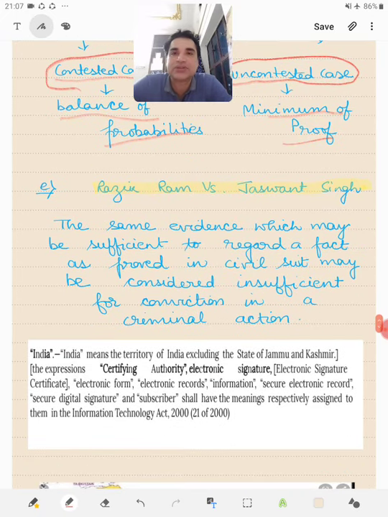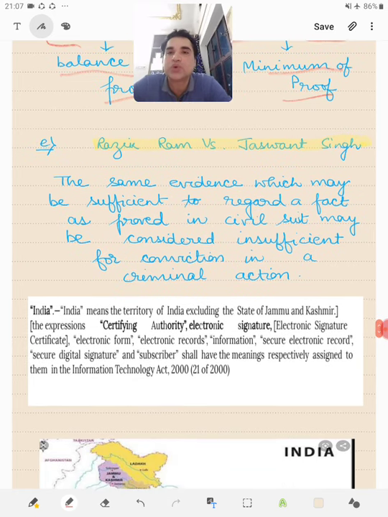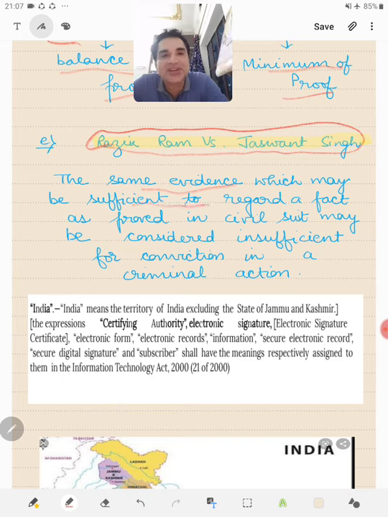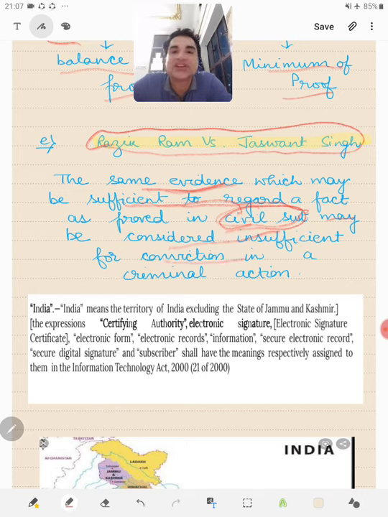This point was also emphasized by the court in Rajik Ram versus Jaswant Singh, where it said that the same evidence which may be sufficient to decide a civil suit may be considered insufficient for conviction in a criminal action. So there is a difference of degree or standard of proof required in a civil proceeding and in a criminal proceeding.